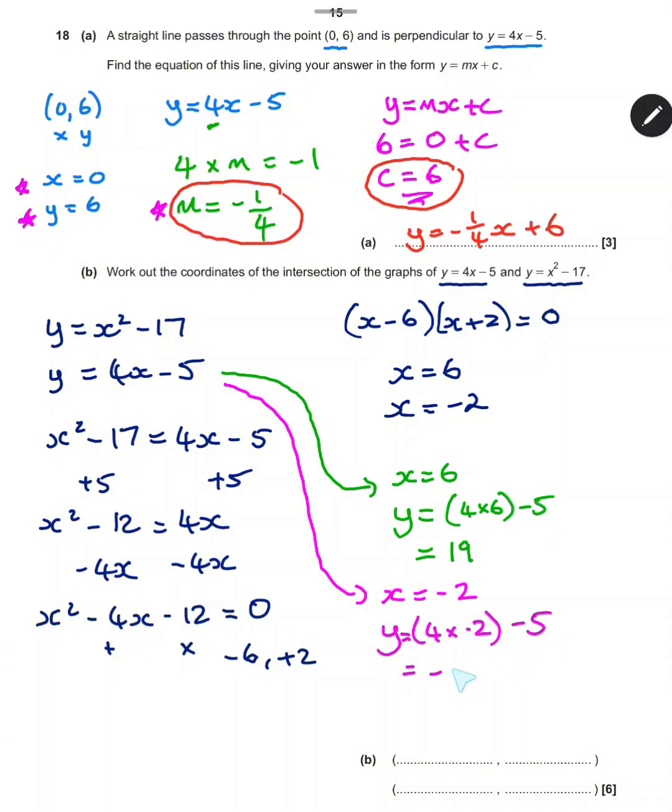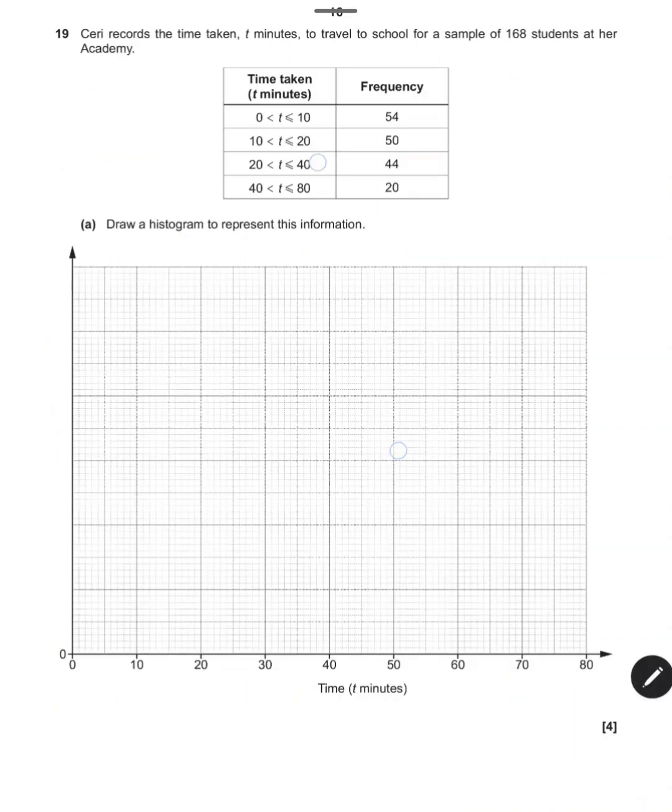Take away 5 is -13. We've got an x value and a y value, a second x value and a second y value. They're my solutions.